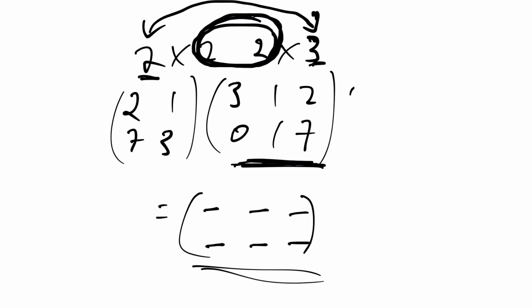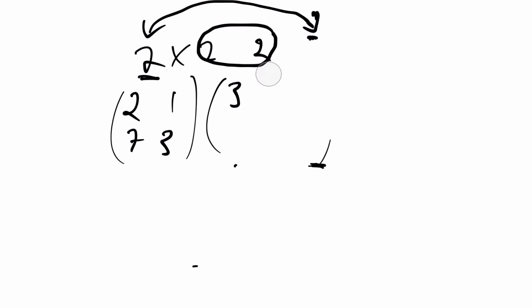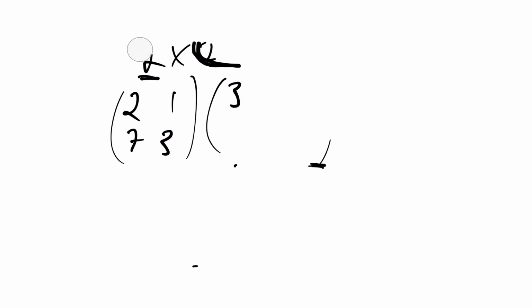Alright, so I still haven't started calculating the matrix multiplication. I'm still showing you how to determine if matrix multiplication is possible, and after determining that, how to find the order of your product.